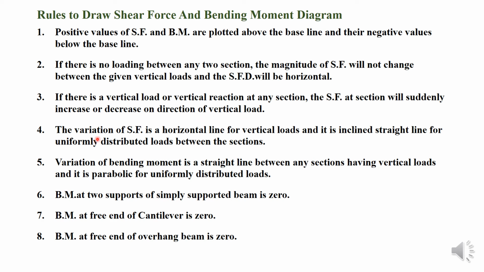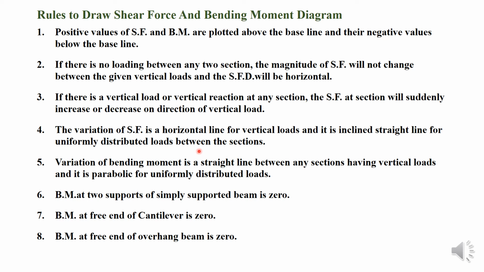Fourth, the variation of shear force is a horizontal line between vertical loads, and it is an inclined straight line for a uniformly distributed load between those sections. Fifth, the variation of bending moment is a straight line between any sections having vertical load, and it is parabolic for a uniformly distributed load.